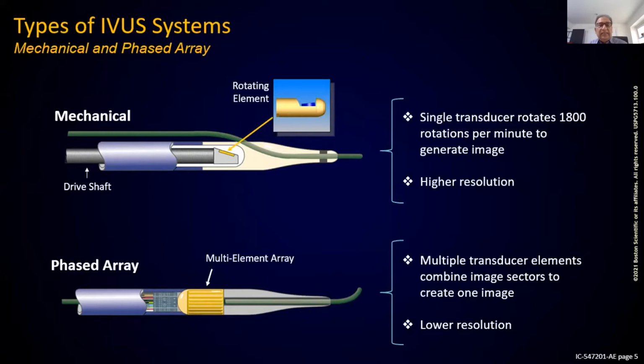The second system is the electronic system, or the correct word for it is a phased array system, which has a multi-element array of wires sitting in a catheter, and these have multiple transducer elements, which combine images to be relayed back to the computer. The only problem is that it has low resolution compared to the mechanical system.